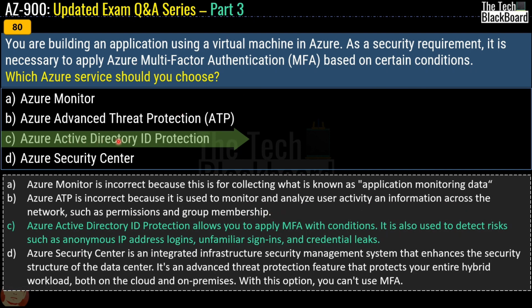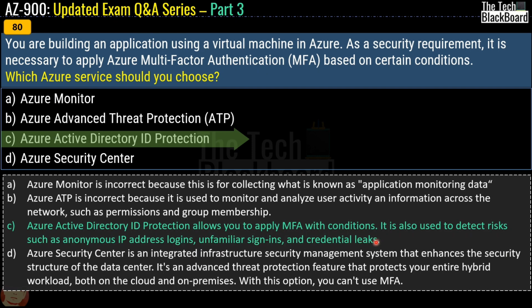Moving on with Azure Active Directory ID Protection, which is the correct answer because this allows you to apply MFA with conditions. And that's what our question is also asking, that we have to implement Azure multi-factor authentication based on certain conditions. And it is also used to detect risks such as anonymous IP address logins, unfamiliar sign-ins, and credentials leak.